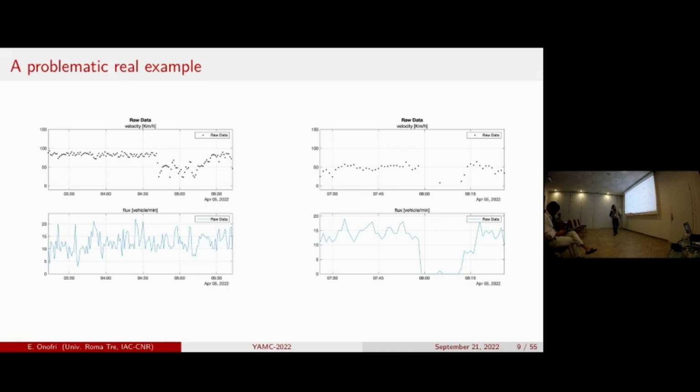Here it is more complicated, but there's a hidden hint, which is that the velocity is 50 kilometers per hour, so something weird is already happening. And so a human being could say, okay, probably in a very small amount of time something will happen.